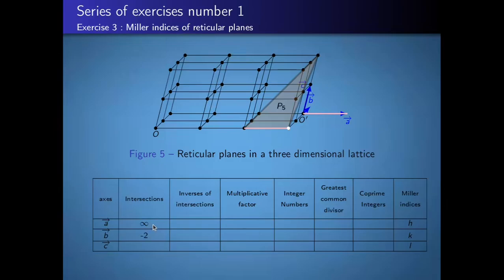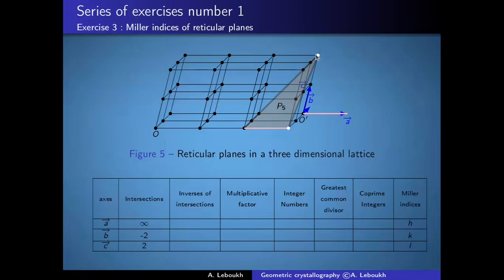For B, the intersection of this plane with B is -2B. And with C, we have +2C. The plane intersects this axis here, which is at 2C.